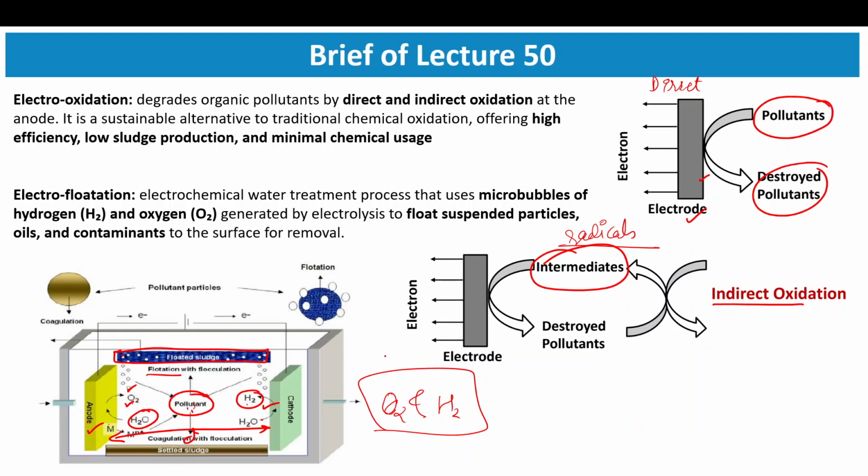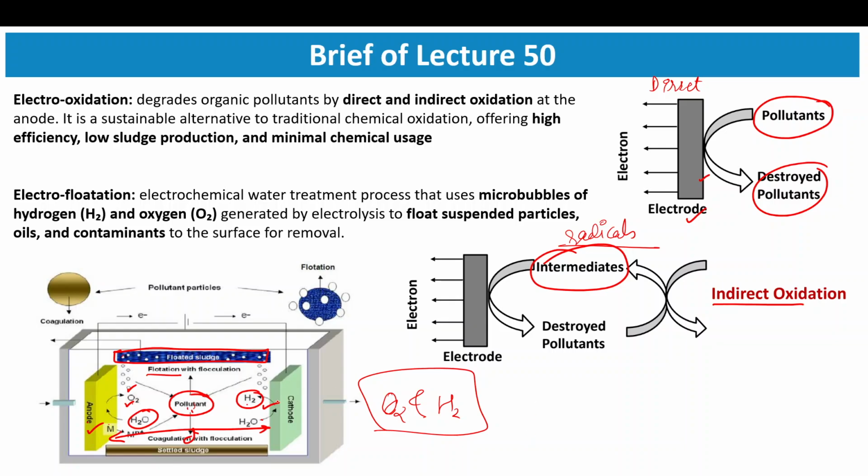And as they move upwards, these gaseous molecules, since they are in bubble form, cause the suspended particles to stick to them, or they carry the suspended particles or oil or grease to the upper layer, right? So it takes them to the surface. And oil or grease have mostly lower density compared to water, so they will stay there.